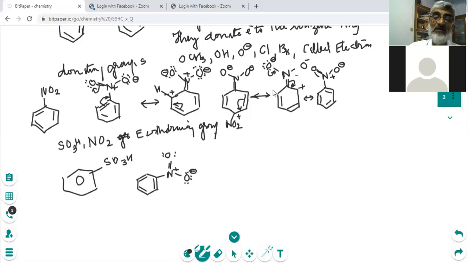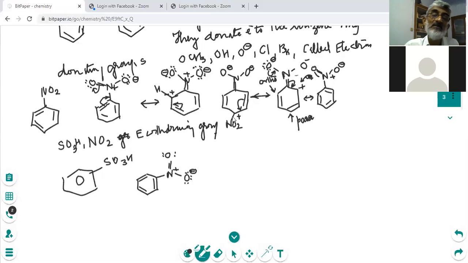Remember, this is called the ortho position. These two are ortho, and this is the para position. So the positive charge is delocalized in this locality.